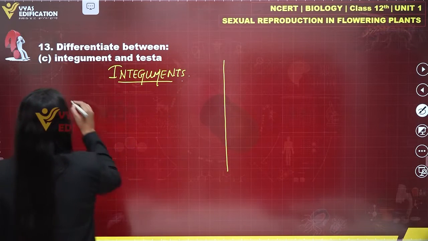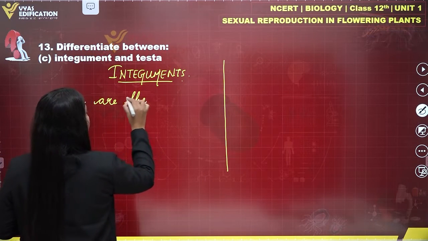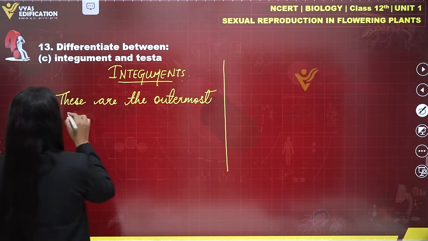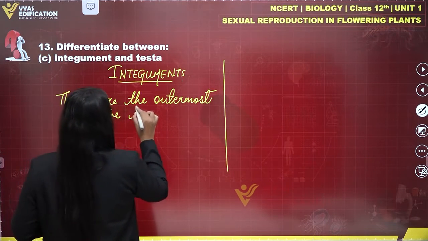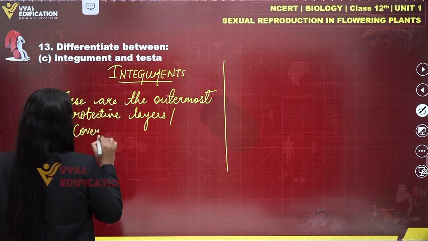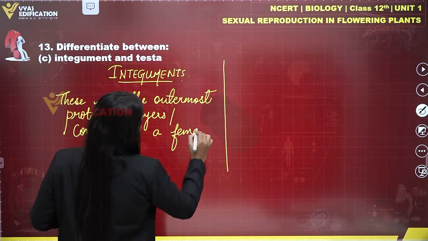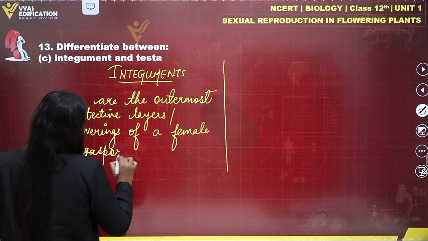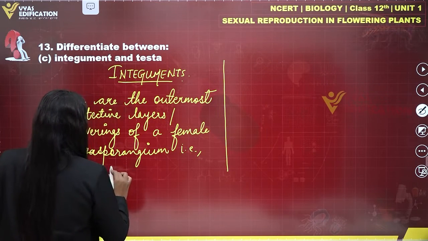Now what are integuments? These are the outermost protective layers or coverings of a female megasporangium, that is ovule.